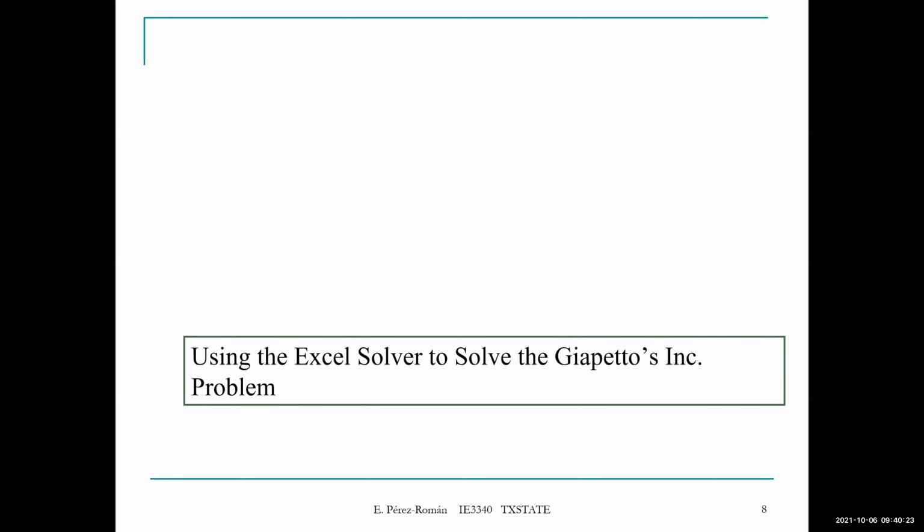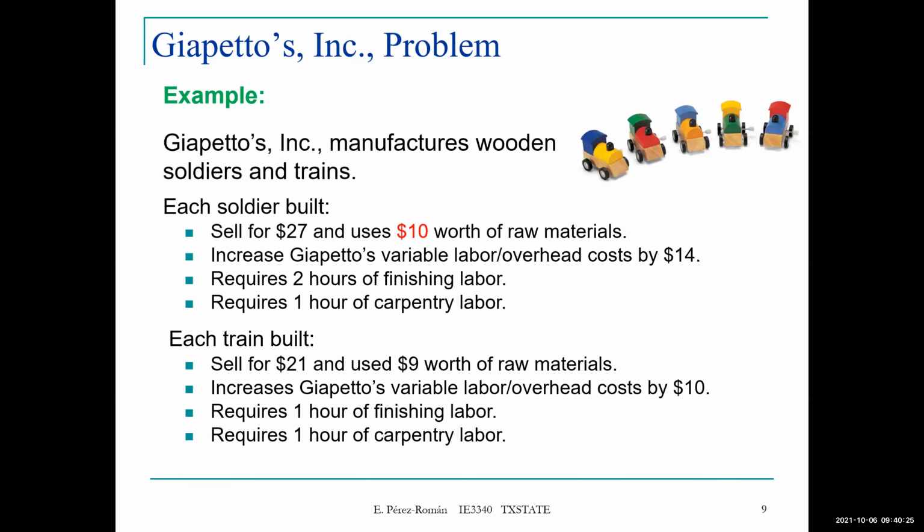So if you remember the Yapetos problem, I think this is the first problem that we discussed in class. We have two toys, and they have different prices, and they also have different costs of production. And also the labor requirements are different. From here, the soldiers sell for $27 and use $10 worth of raw materials.